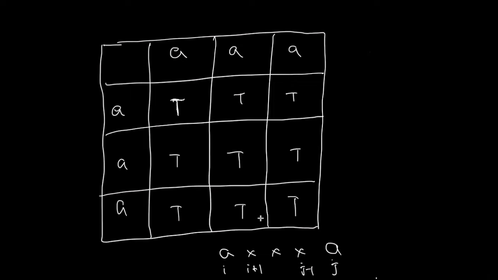We need to check the middle string to see if it's palindromic. So for i, we go one step forward, that will be i plus 1, and for j, that will be j minus 1, one step backward. We have to know this position first before we can actually fill this one, so we need to start from the bottom to the top to fill out the table.